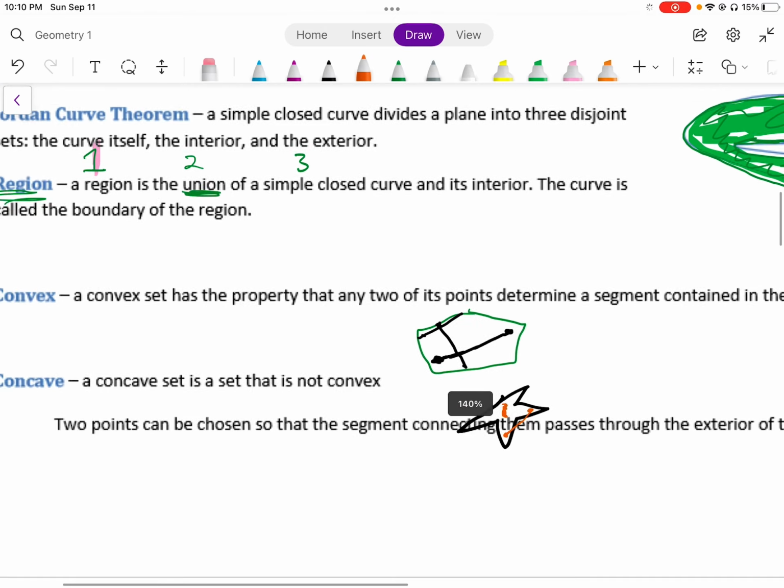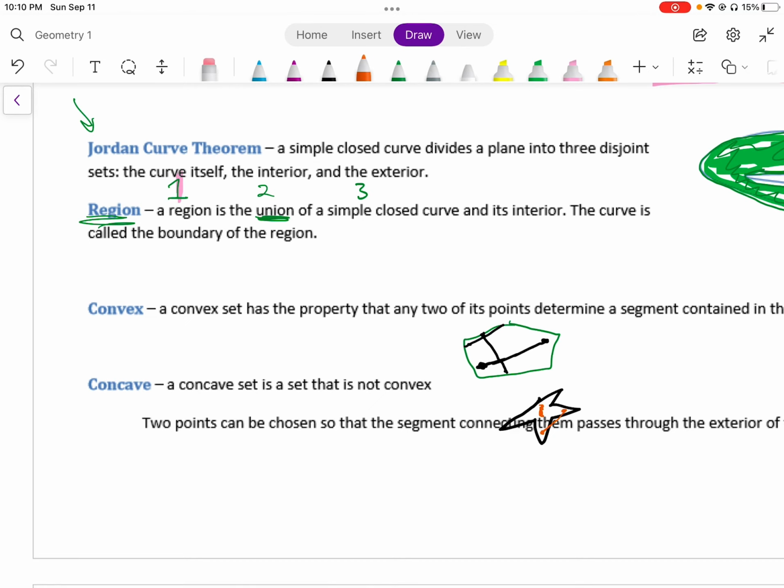So therefore it is concave. Now, a quicker or easier way to remember these, concave shapes cave in somewhere. The other word cave is in there. So that's concave, and convex don't cave in.